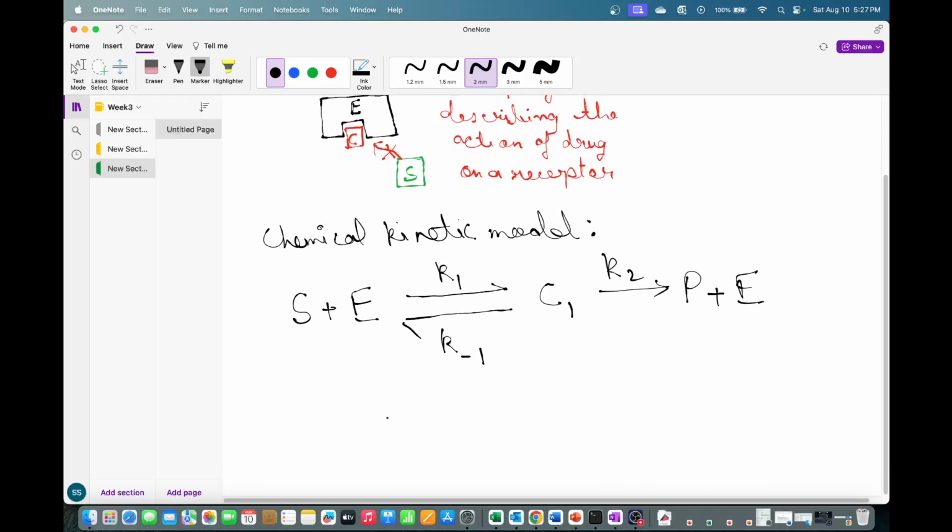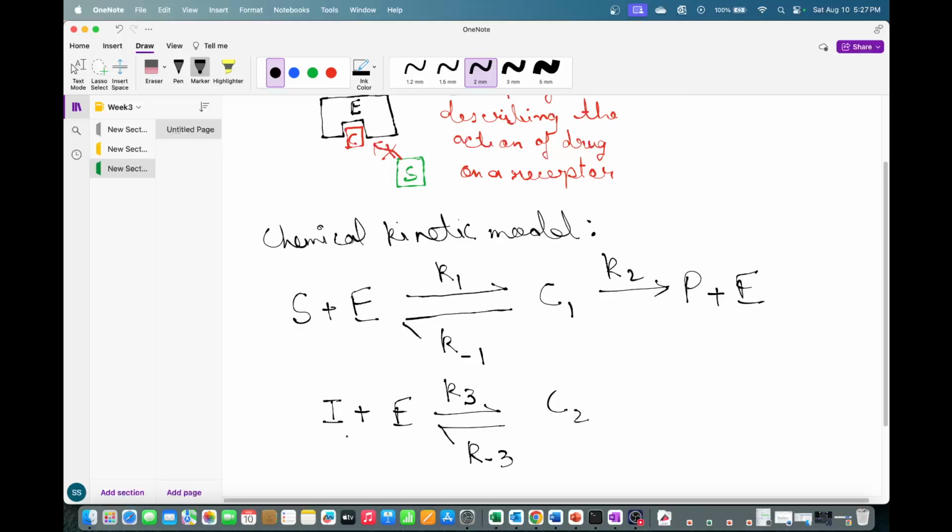This was the original enzyme kinetics reaction, but there is another reaction associated with it, which is the inhibitor, which will bind with the enzyme in a reversible fashion. Let's call these rates K3 and K minus 3, and it will form another complex.